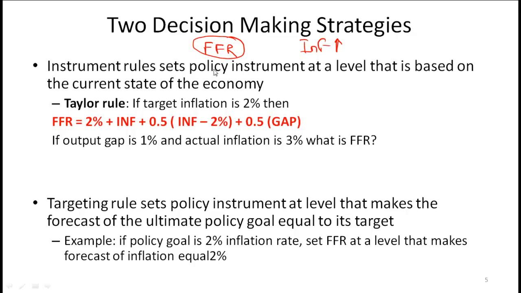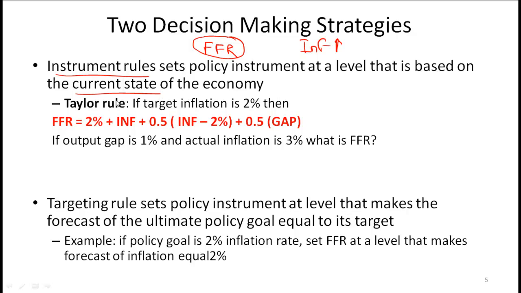And there are different strategies. One set of rules that can be used to determine an appropriate federal funds rate is called instrument rules. These rules set the policy instrument at a level that is based on the current state of the economy.